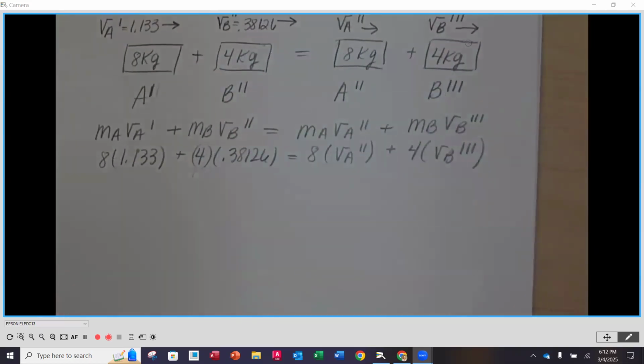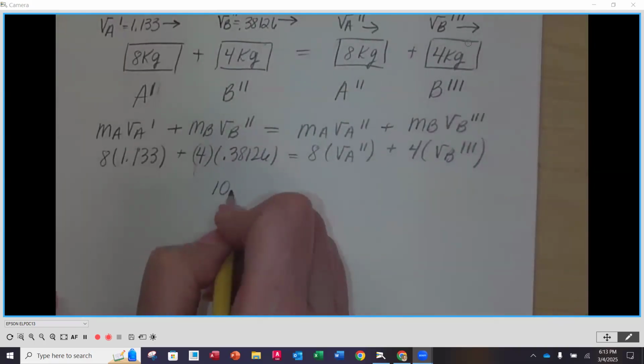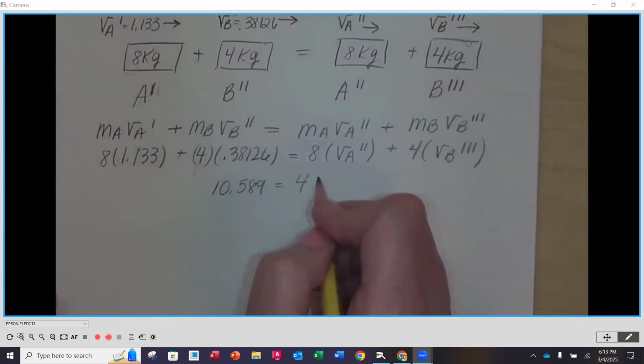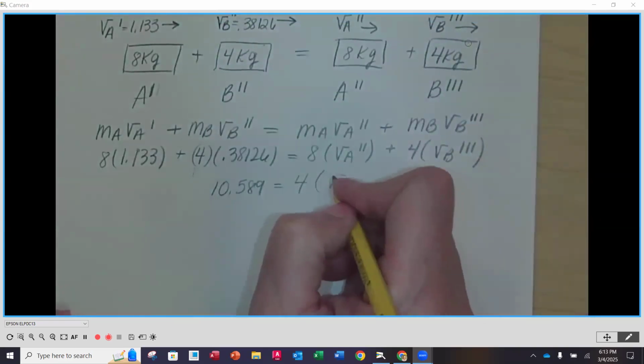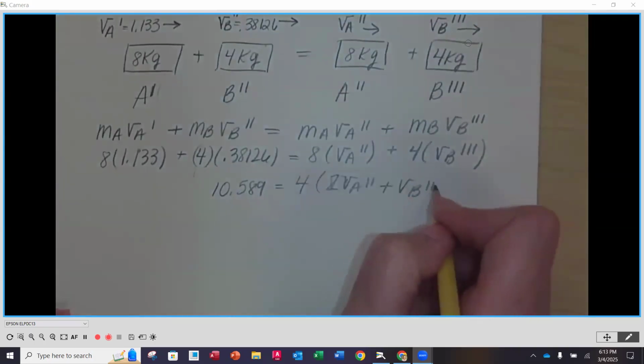Okay, so make sure you show those two lines. And then you want to multiply out, combine, all that kind of stuff. And I'm going to have 10.589 is equal to, I'm going to factor out the 4. So it's going to be 2 VA prime prime plus VB prime prime prime.